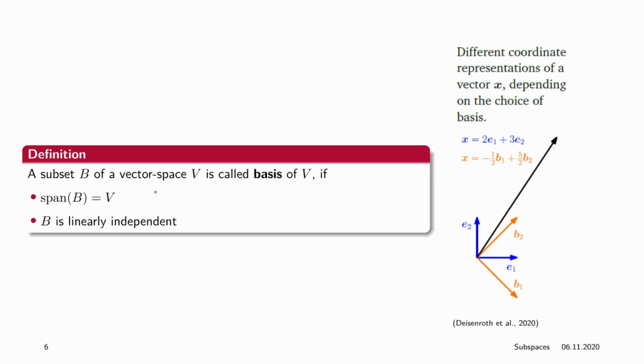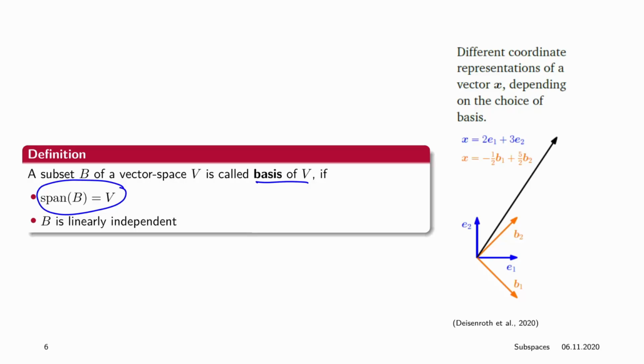For any vector space V, we call some subset of it, so a set of vectors B, a basis of V, if the span of B equals V. So the space that is spanned by these vectors, that can be represented as a linear combination of the elements in B, the individual vectors, equals the whole vector space, as we have seen in our example in 2D.